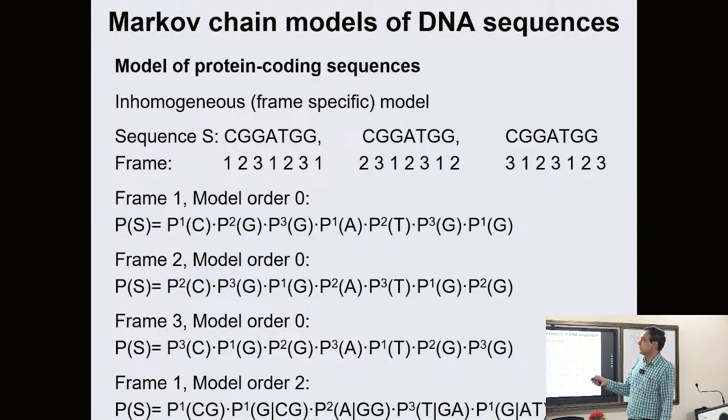Then making a transition to G, so probability of G given CG. What is the reference position? 1, right? You are still considering this trinucleotide, so reference position is 1. Then making a transition to A, so probability of A given CG.